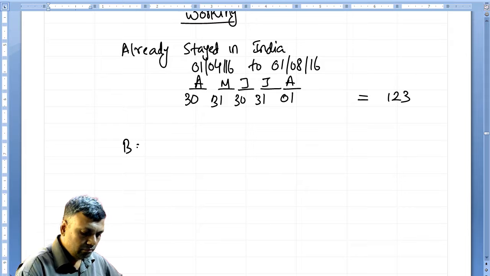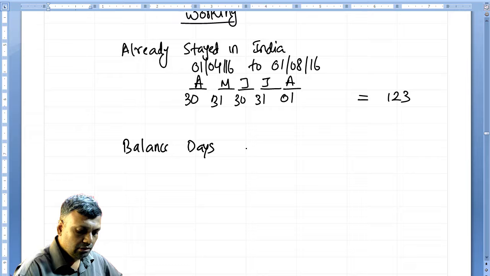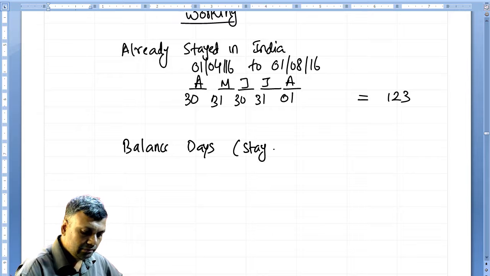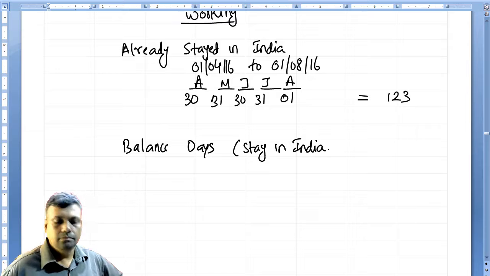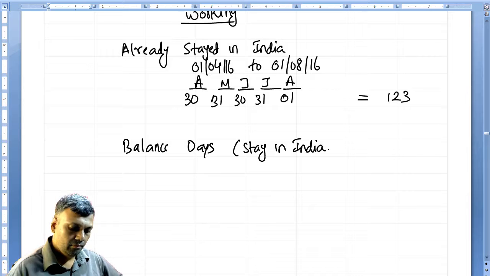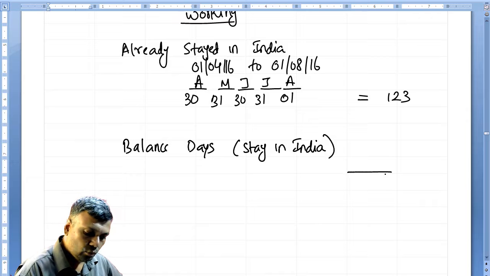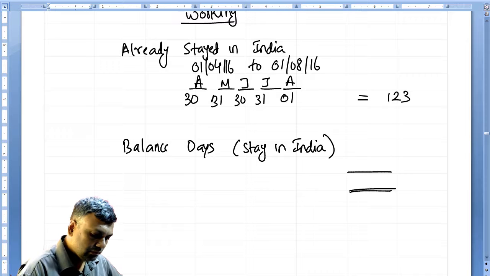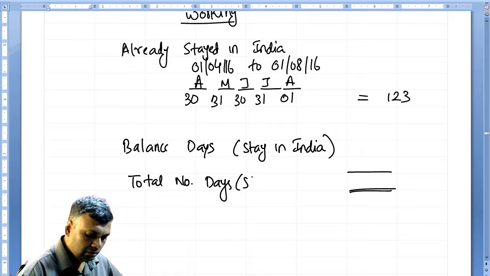Okay. Balance number of days he can stay in India, and his total number of days of stay in India.